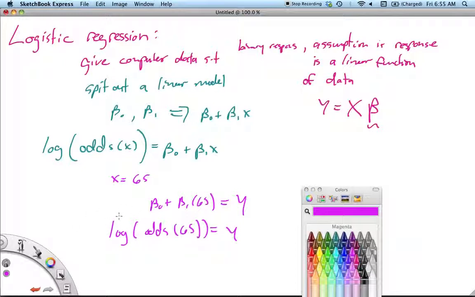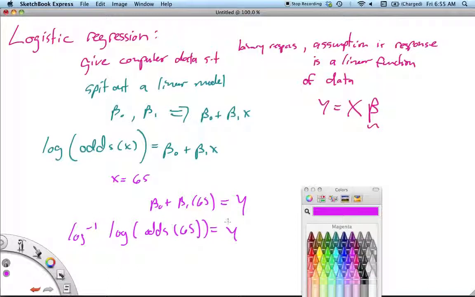We know the inverse function of log is e to the x. There's a reason why people say log inverse instead of actually writing e to the this.